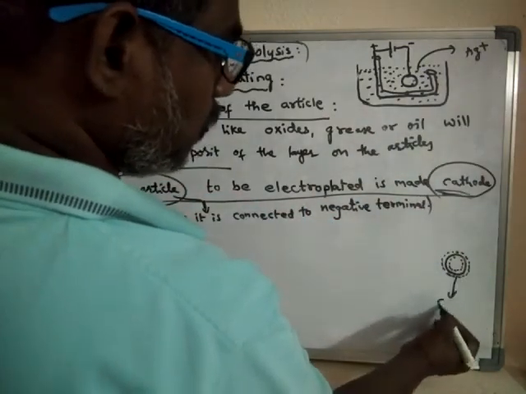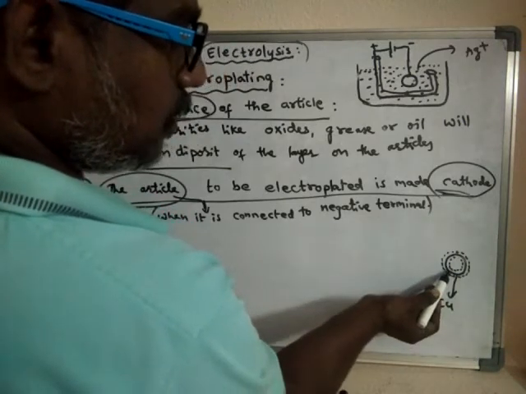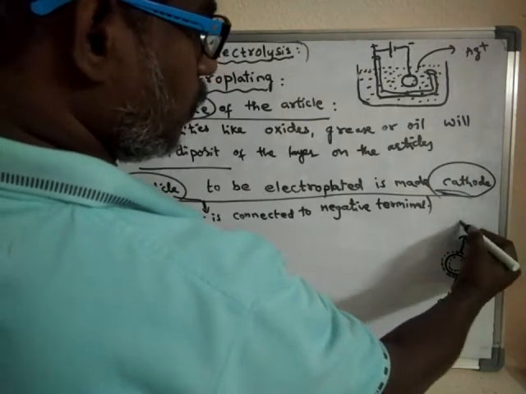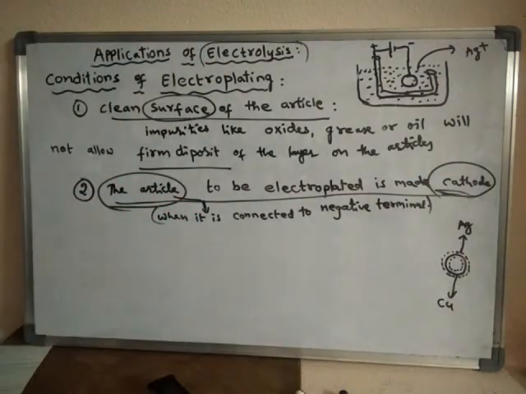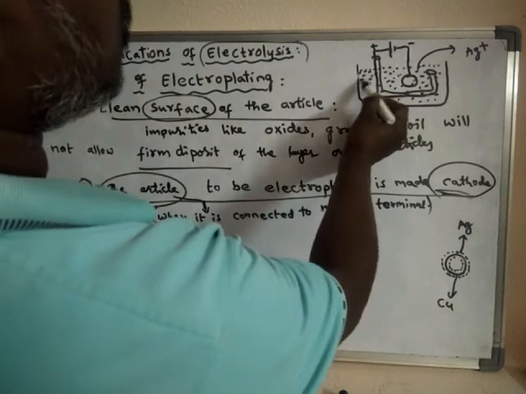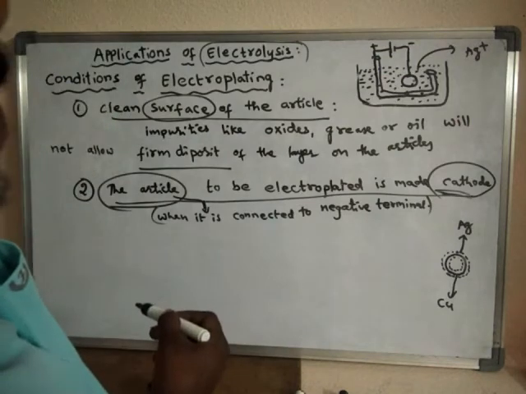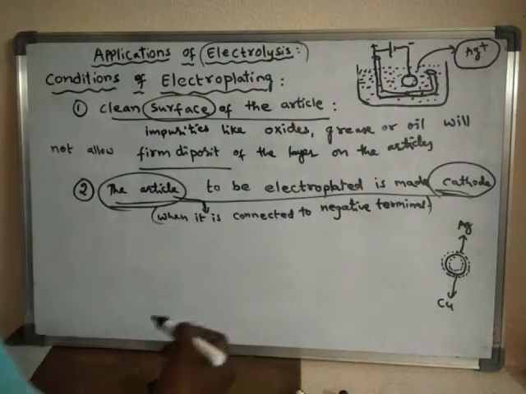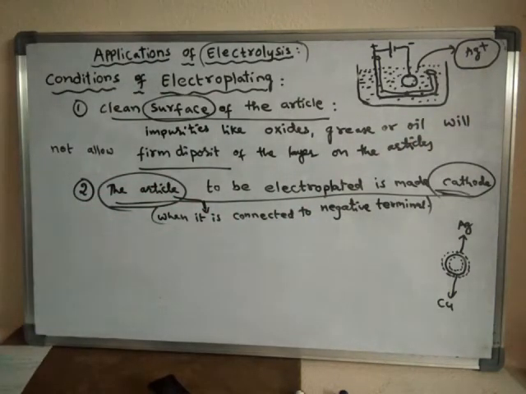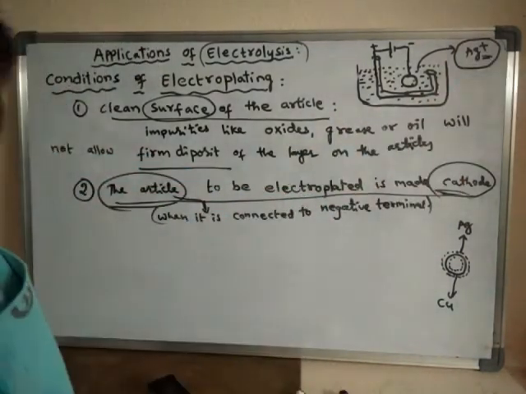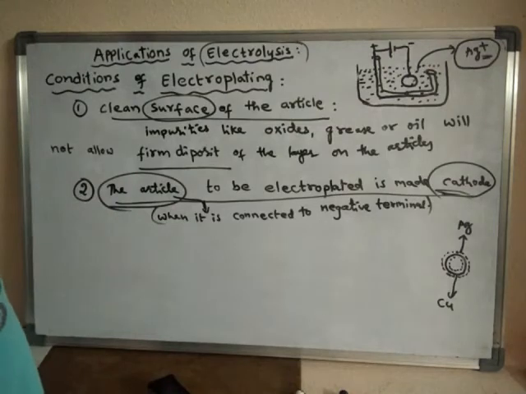So this is the inferior metal, the base metal copper, and this is the silver coating. The superior metal should be present in the electrolyte in the form of ions, in the form of cation. As it is a cation, it will move towards the cathode for the need of electrons.